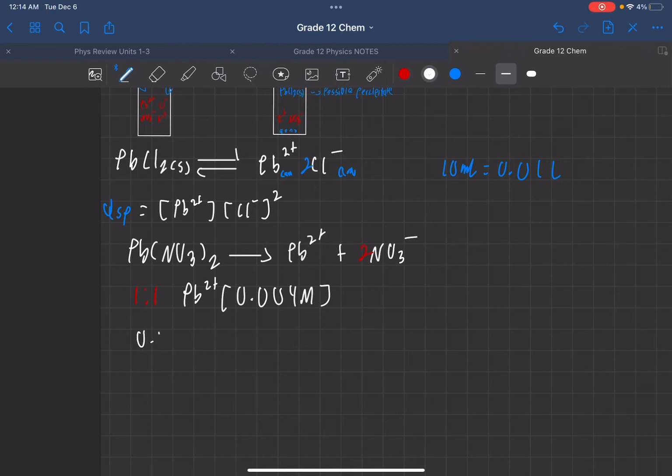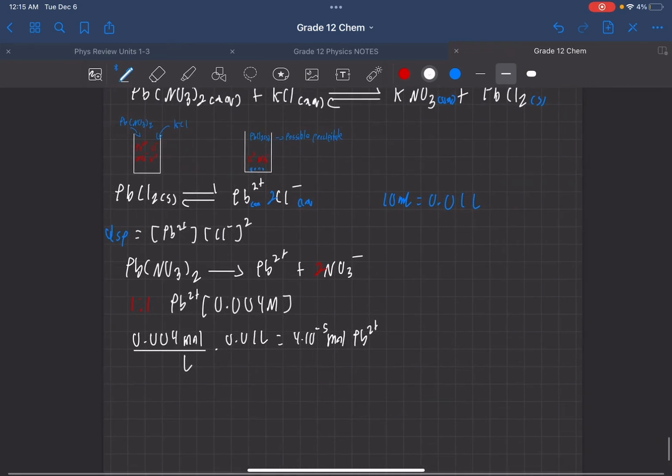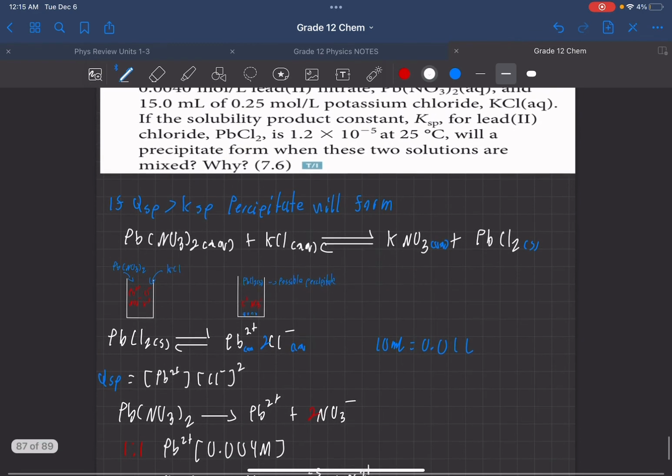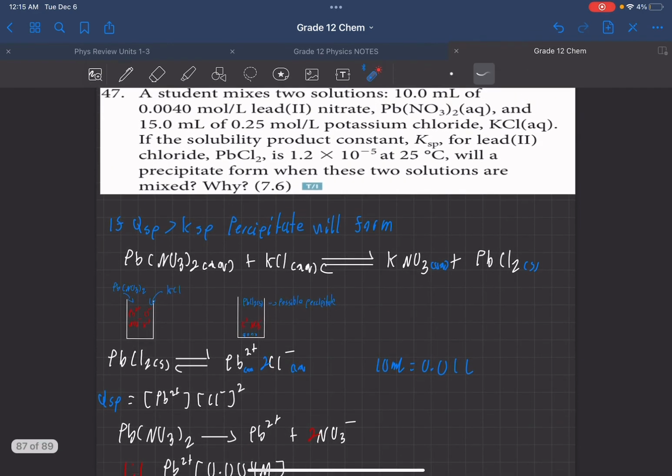So 0.004 moles per liter times 0.01 liters. That leaves us with 4 times 10 to the negative 5 moles of the Pb2+. Well, we don't want the moles of this lead 2 ion, right? We want the concentration of it.